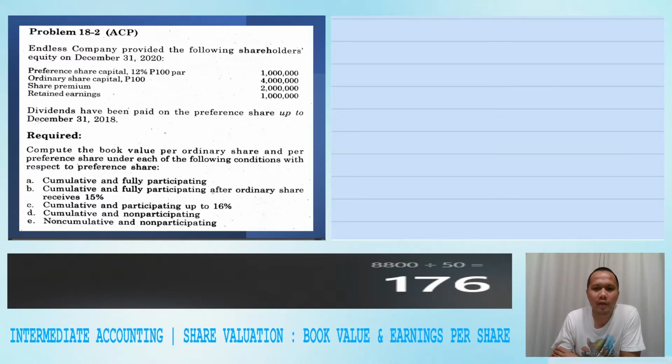Endless Company provided the following shareholders equity on December 31, 2020. Di ba? So, our preference share has a total par value of 1 million.